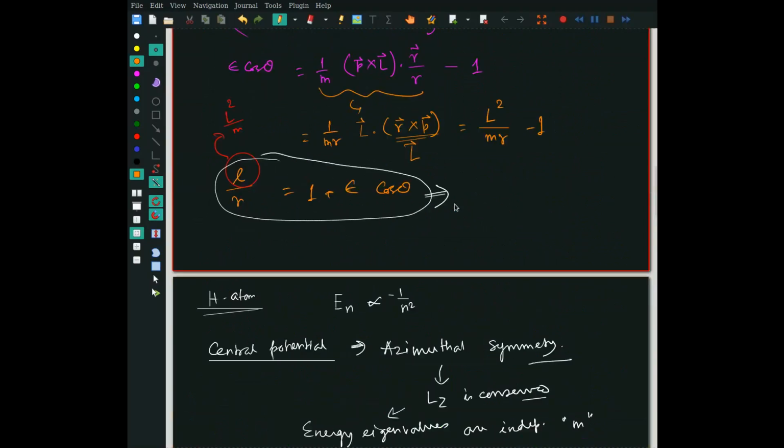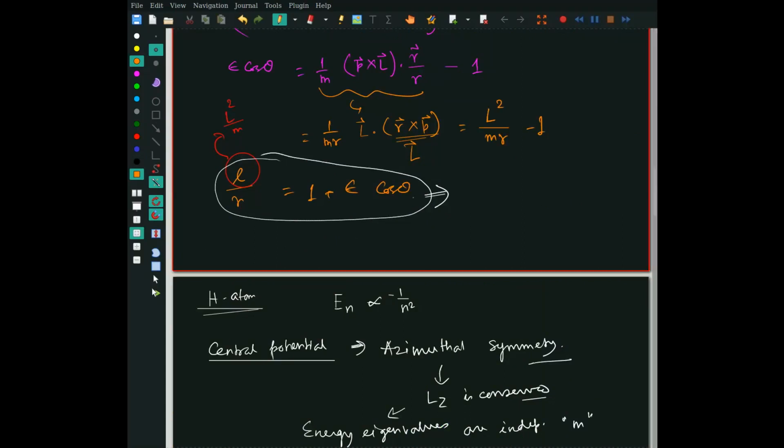I understood that v has a magnitude and an angle theta with r hat, so the component along the r hat direction is epsilon cos theta. But how can you say that this cos theta is the same as the cos theta of the orbital equation of the central force, l by r equals 1 plus epsilon cos theta? Yeah, it is the same.